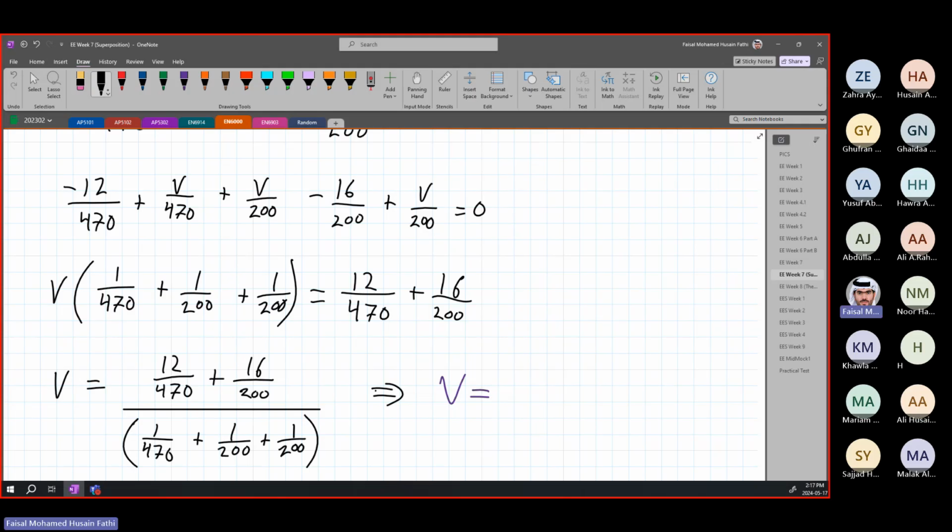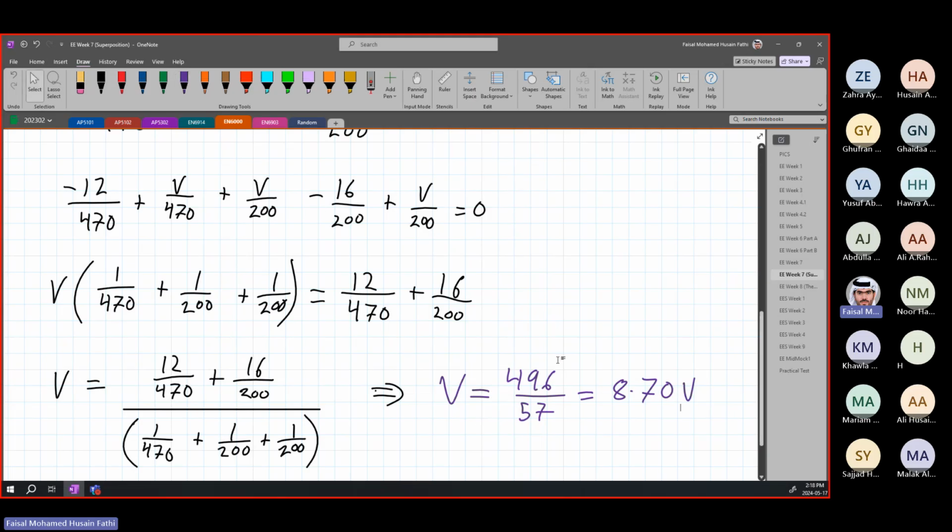So 16 over 200, and we divide all of that by 1 over 470 plus 1 over 200 plus 1 over 200. This gives us V equal to 496 over 57, which is simply 8.70 volts.